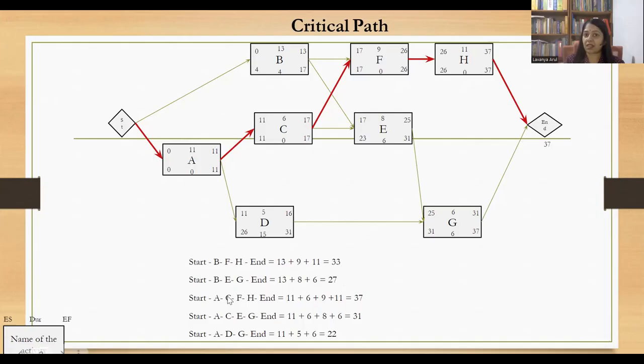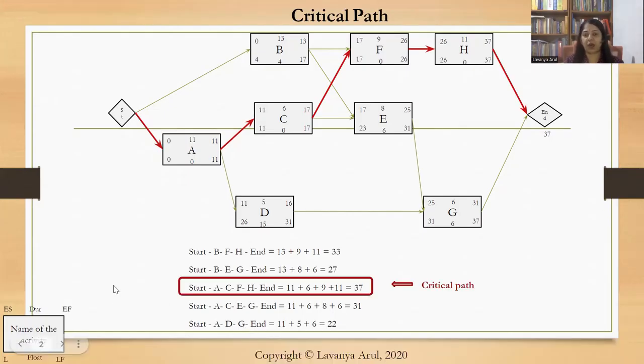The third path is A, C, F, H, and when we add up those values, we get 37. A, C, E, G, which is 11 plus 6 plus 8 plus 6, we get 31. And the last path, A, D, and G, which is 11 plus 5 plus 6, we get 22.